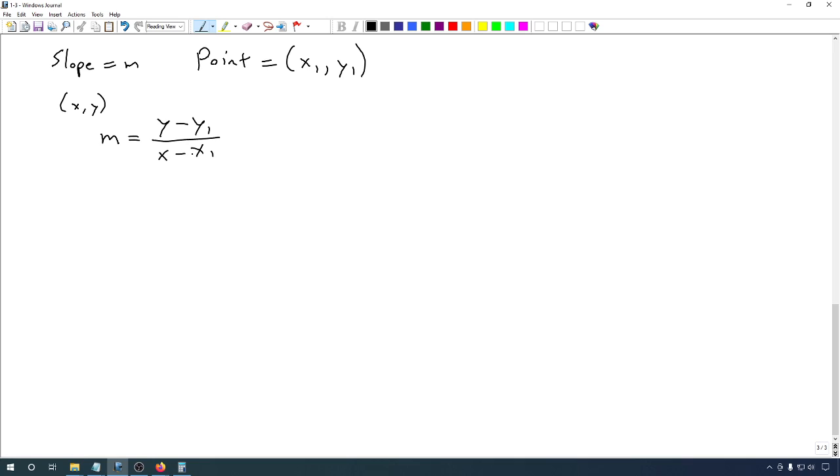I'm going to multiply the denominator over on both sides. That will give us that y minus y1 needs to equal m times x minus x1.